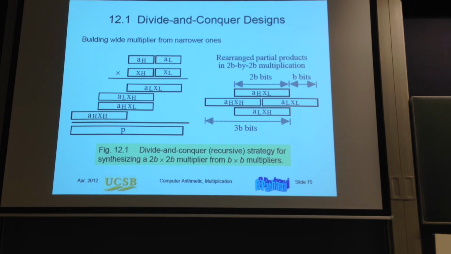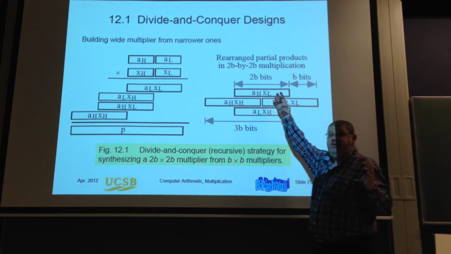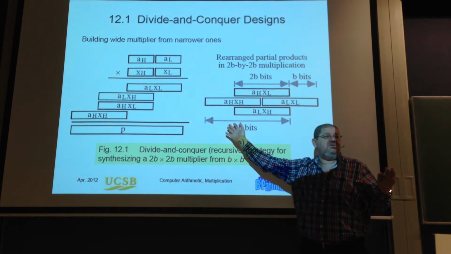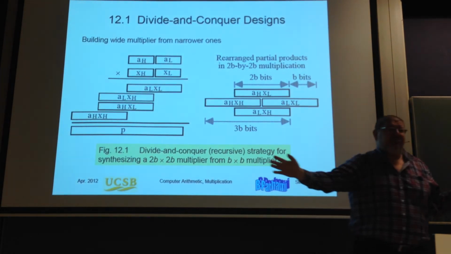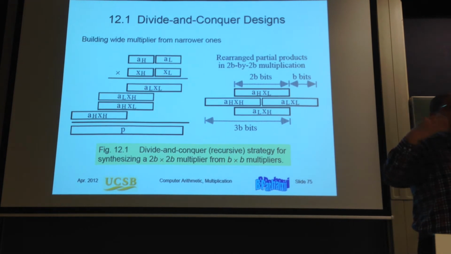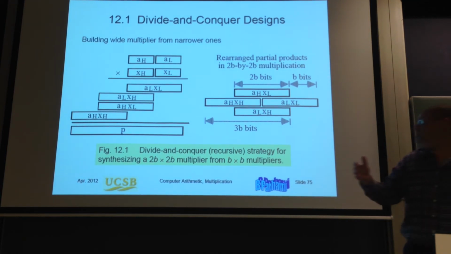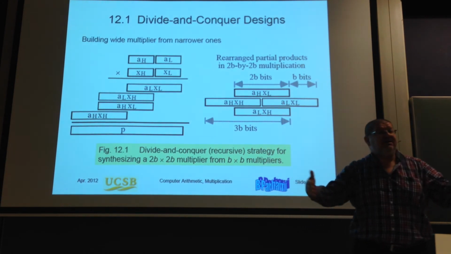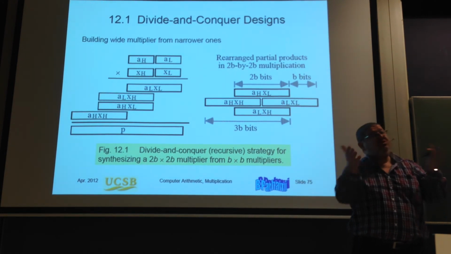Then what I did is I made a big multiplication with 4 multipliers, which are half capacity. I need to do a 3-to-2 reduction on this side, and then a final addition. And I can apply that in a hierarchic manner. I can also design those multipliers in the same way. Now it's not B, it's B over 2.